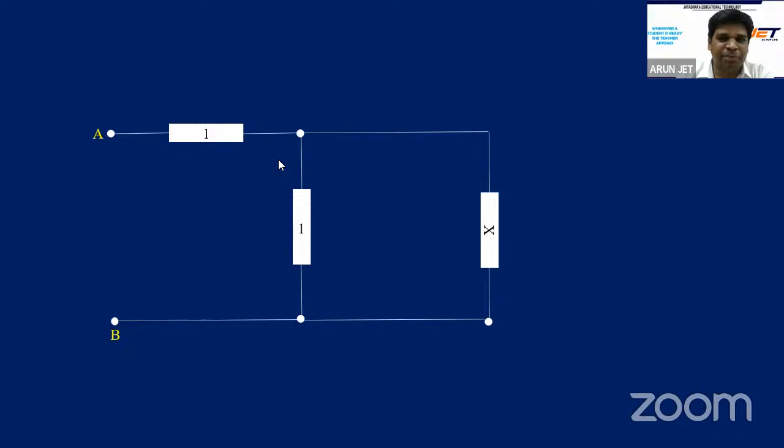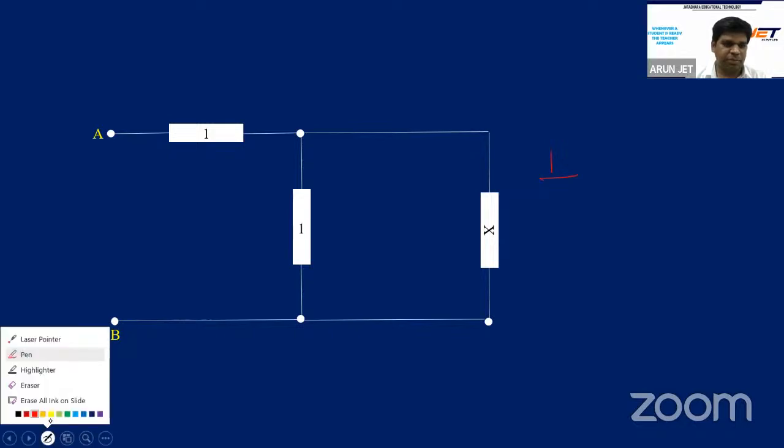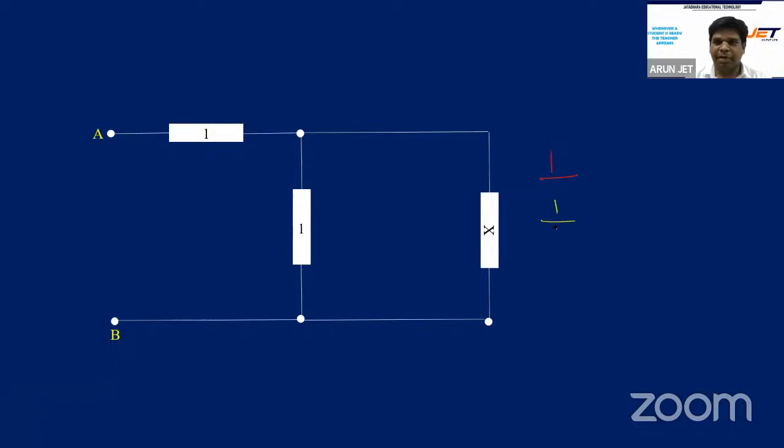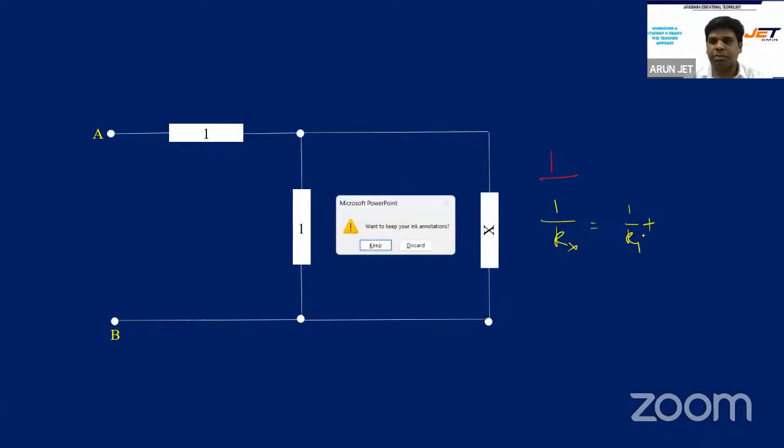Yes, Gayatri, that's right. So for parallel connection, I'll have R1 R2 by R1 plus R2. Just a simplification. 1 by R equivalent is equal to 1 by R1 plus 1 by R2.